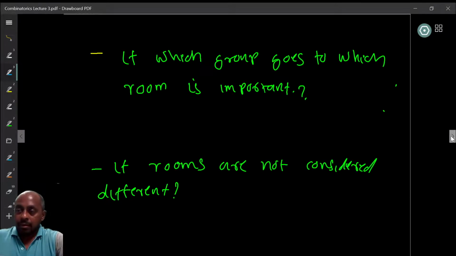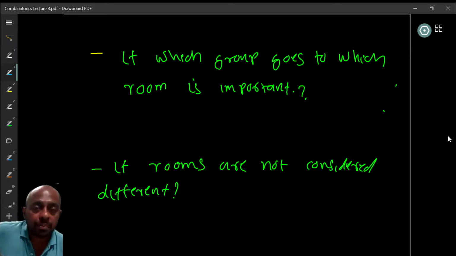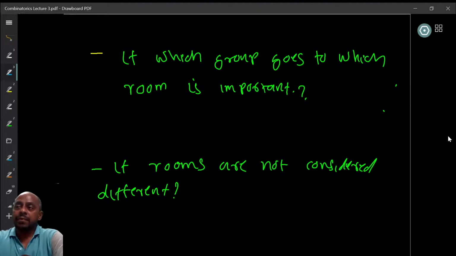Both of them can be interesting, so we want to look at both. What happens when which group of children goes to which room is important, and what happens if the rooms are not considered different, that is, which group goes to which room is not important, and only what kind of groups are formed is the interesting part.